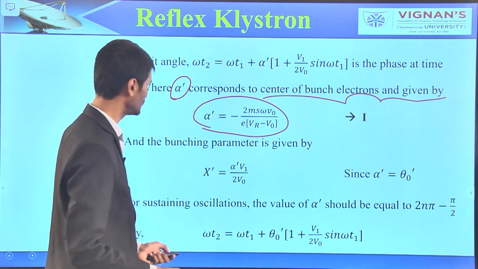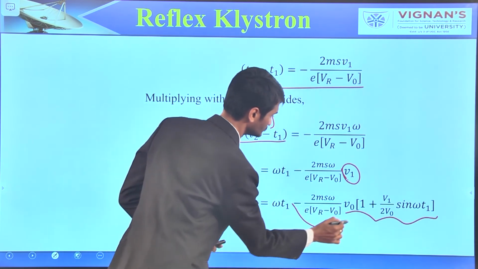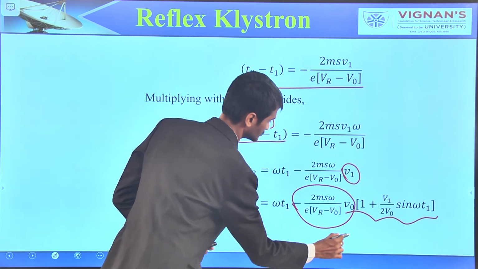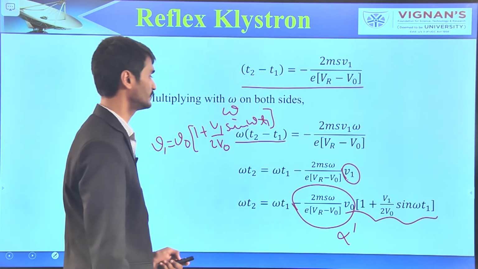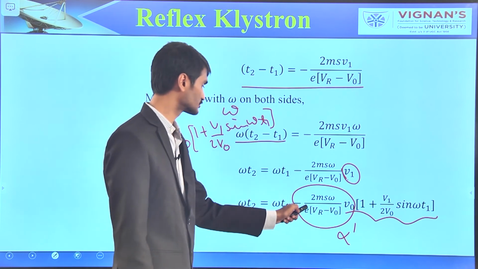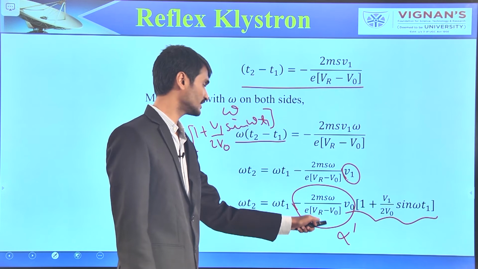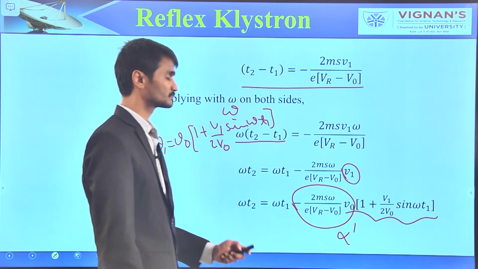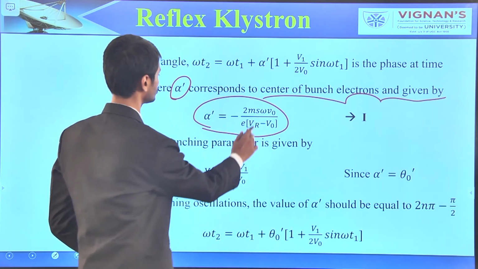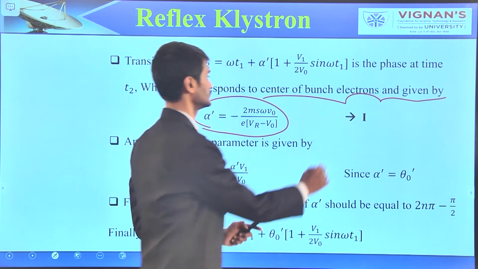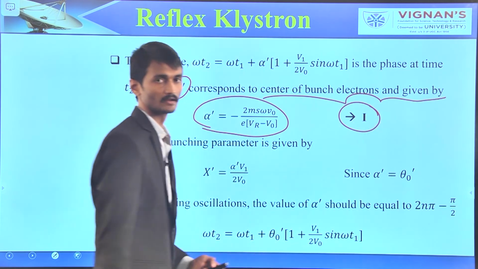the entire value considered as alpha dash, that is alpha dash is equal to minus 2 ms omega by E into (Vr minus V0) into V0, and that is considered as equation 1.